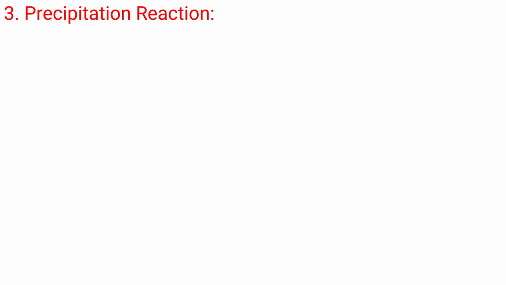The third evidence that he provided was the precipitation reaction, the same that I explained in the previous slides. He added silver nitrate, and only the chloride ions that were present outside formed silver chloride.